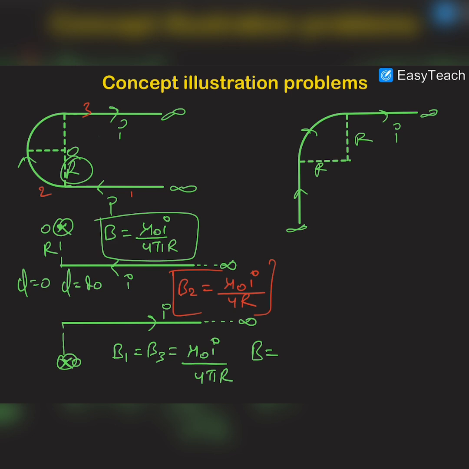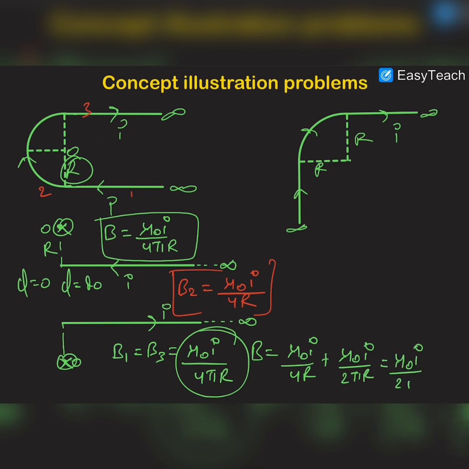So B net will be equal to mu naught I by 4R plus twice mu naught I by 4 pi R, so it would be mu naught I by 2 pi R. So this will be mu naught I by 2R times (1 by 2 plus 1 by pi). Okay, so this will be the net magnetic field due to this system at the point O.